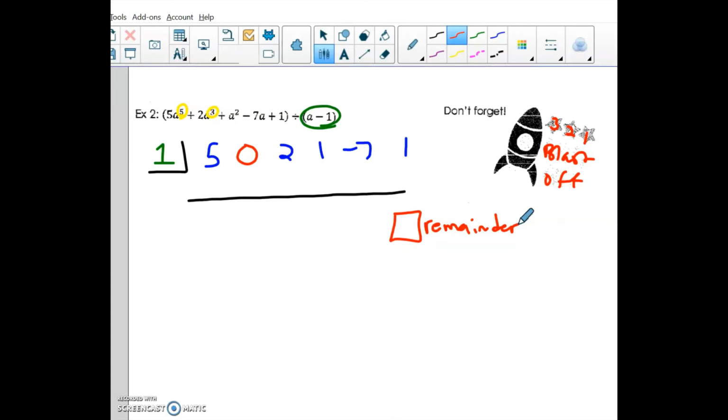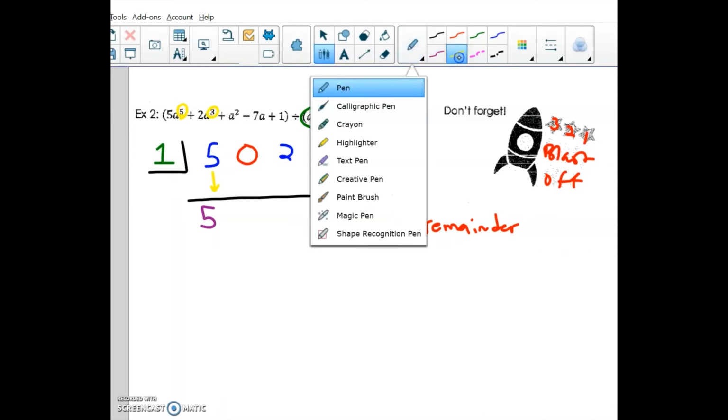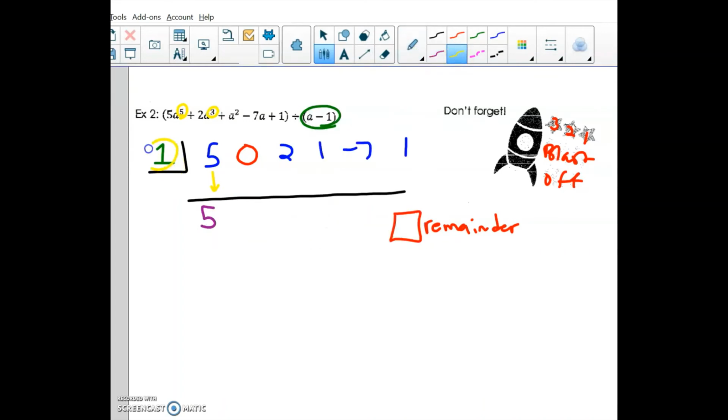Alright, so let's start the synthetic division process. The first number 5 comes down and becomes the first coefficient of the quotient. So 5 just comes straight down. We take the 1 and we multiply it by the 5. 1 times 5 is 5. So that goes up here after multiplying. Okay.